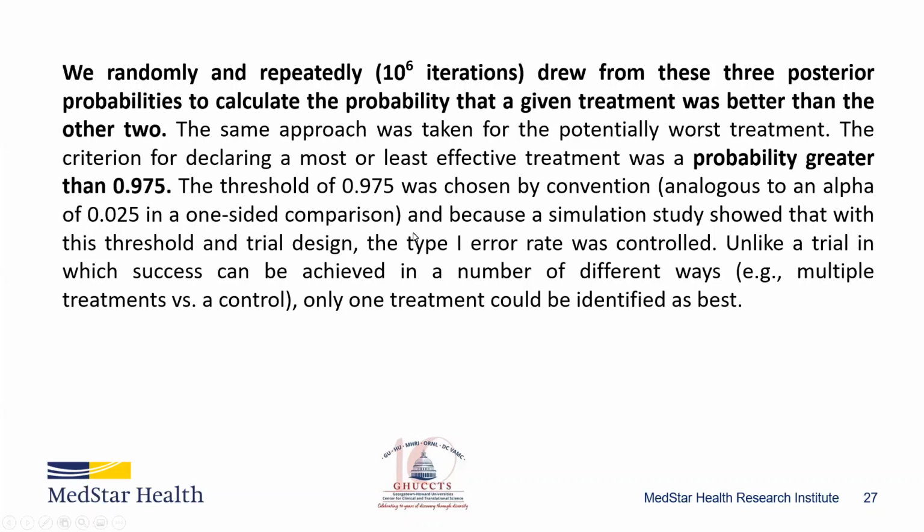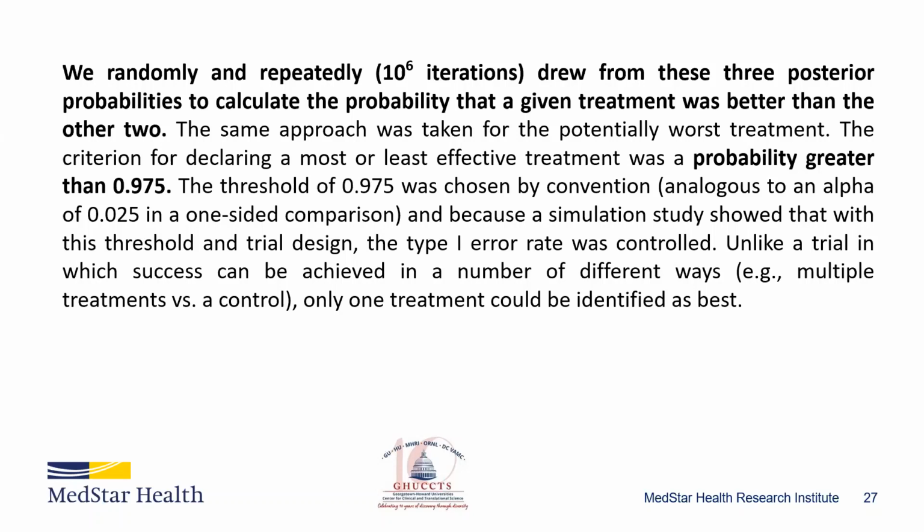And so here they use a reference in a sense to frequentist statistics, that this would be analogous to an alpha or p-value of 0.025 in a one-sided comparison. And then they give reasons for choosing that threshold.